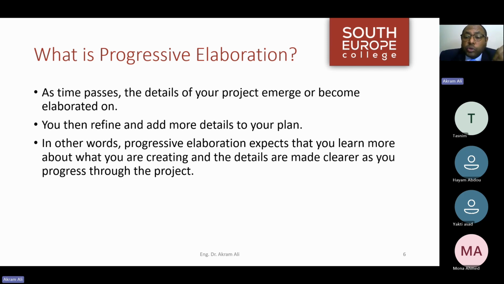So it is a continuous process of taking the small information that I have and I capture it in a designated document.